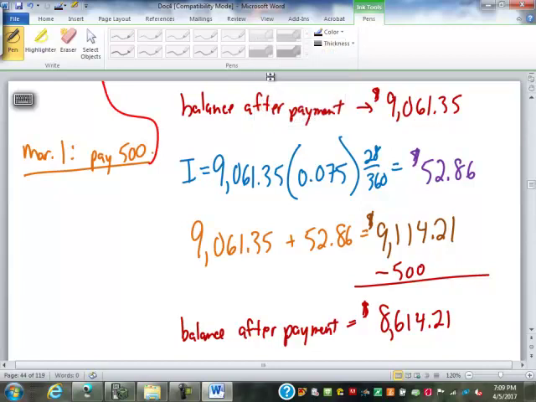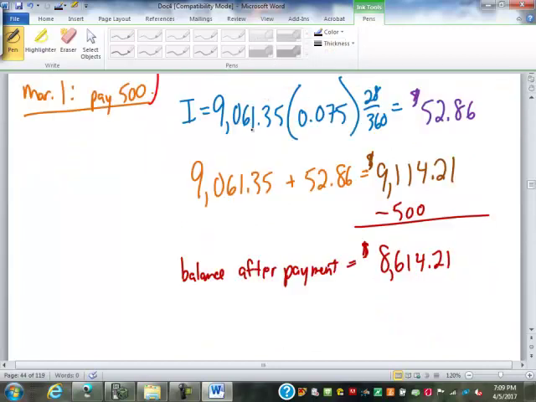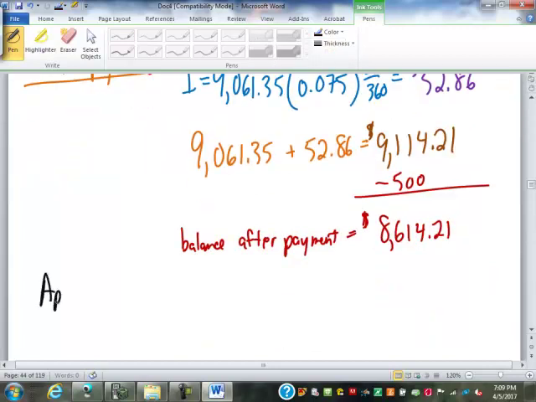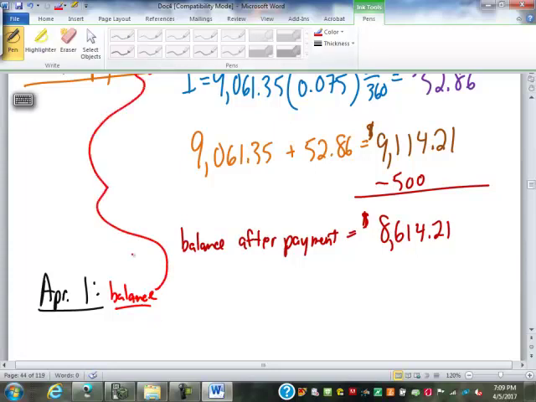We still have to get to April 1st. On April 1st, we're not figuring in a payment here. We're just figuring out the balance from March 1st to April 1st. March is 31 days.